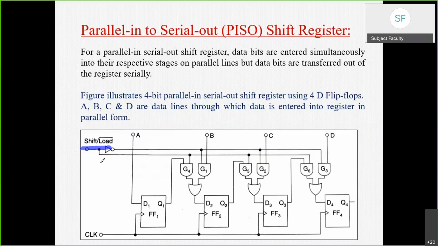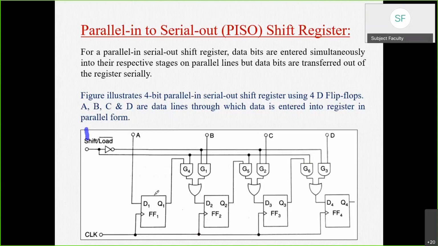First of all, just understand that this terminal is known as shift or load bar. By the name itself you can understand, if the value of this terminal is 1, that means it is working in shift mode.